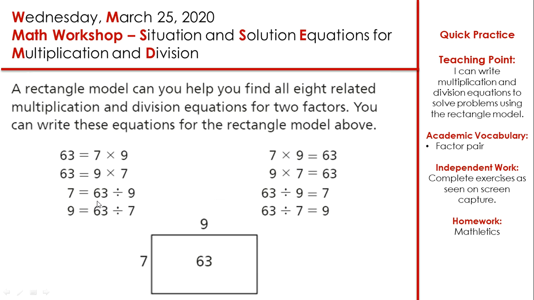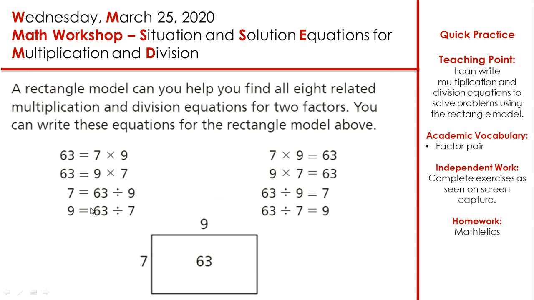Alright? So the same way that we take away different items from the total, the same way we can divide any of the two factors that we're given from our product. As we can see right here, if we divide 63, which is our product, by, in this case, our factor number 9, we get our missing or our remaining factor.